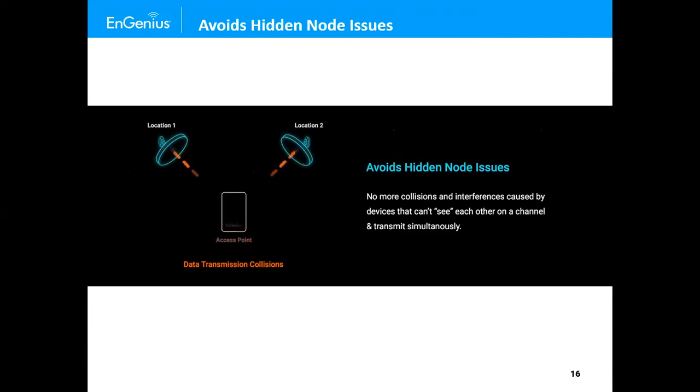So, avoiding the hidden node issue. EnJet eliminates the issue of the hidden node. This is a huge benefit and allows the scaling of many more clients per access point compared to using 802.11 CSMA. Stations in a wireless network have a limited range, so it could be that participants in the network don't even recognize each other.